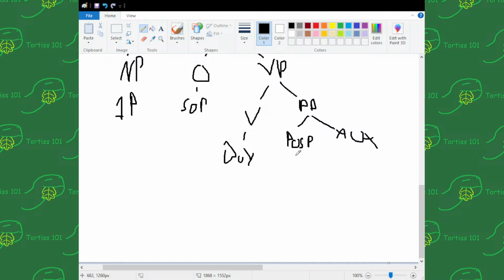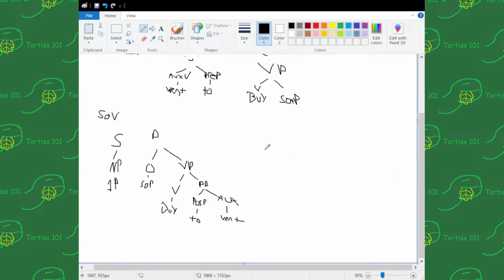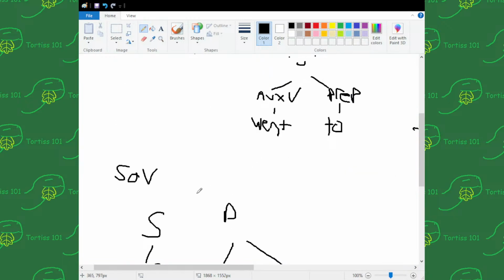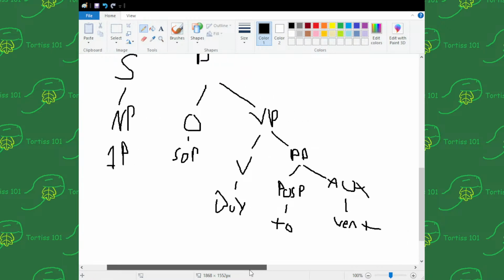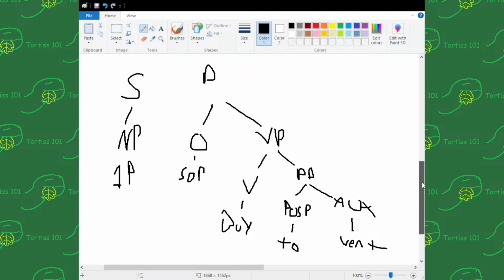Pretend you can read that. That says by, and then to, and then went. Yes, that's how that works. I apologize if that didn't make much sense to you guys, but that's pretty much what we're going through.